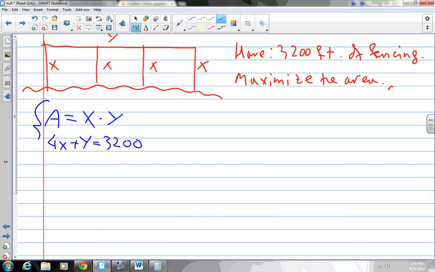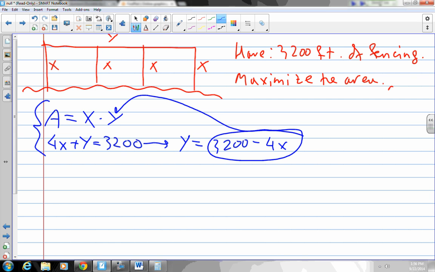So it's really a system of two equations. We haven't done systems yet, but you should be able to realize that I can solve for y. y equals 3,200 minus 4x. And I can take that expression and substitute it in for the y value in my area function.